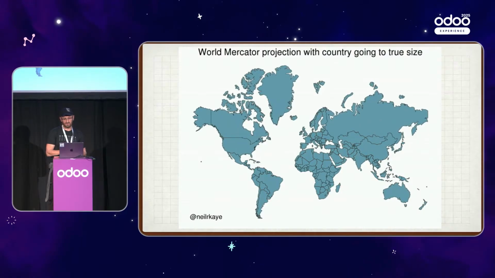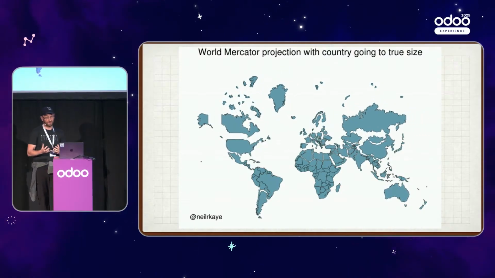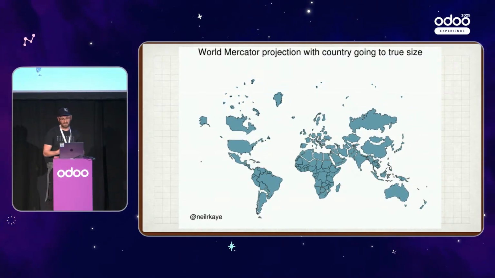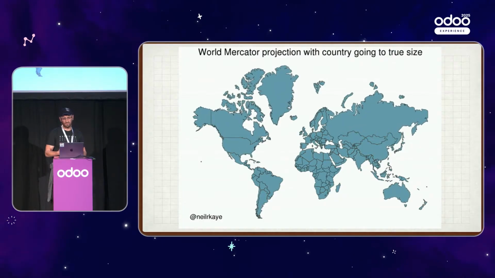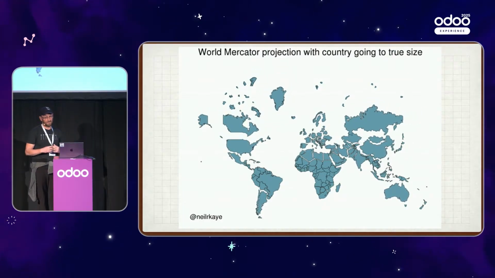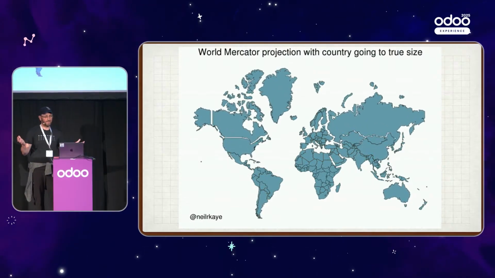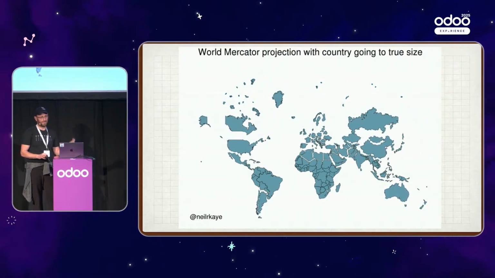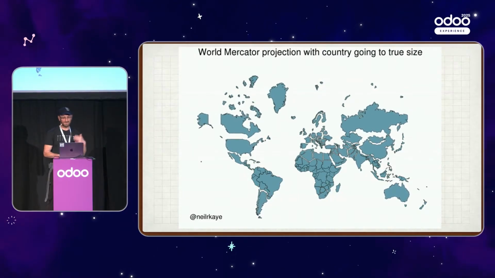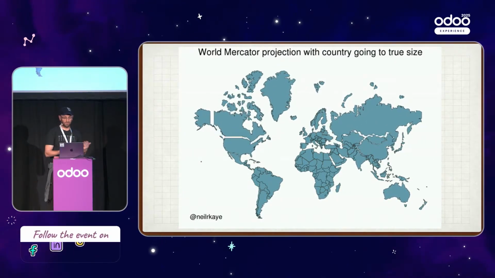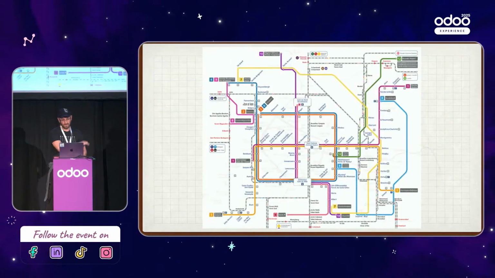But it also massively distorted the truth of the size of countries. And when applied to world maps, it inflates the size of some of the lands. The further away the land is from the equator, the bigger they appear than they are. But that's okay. For the job that map had to do, it did a really good job. For the job it didn't have to do, which is what's the biggest country, it was rubbish.